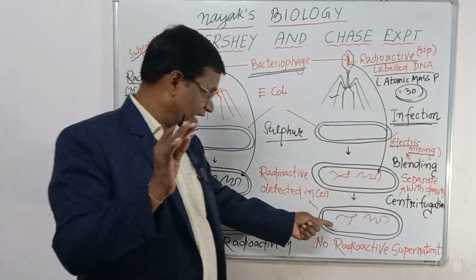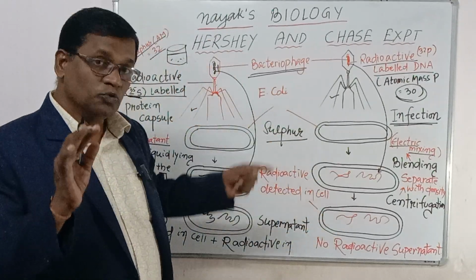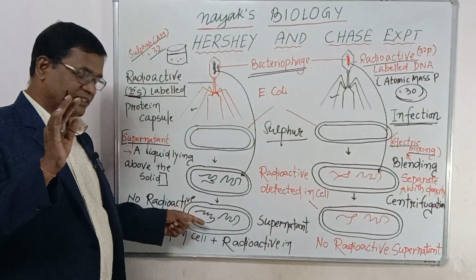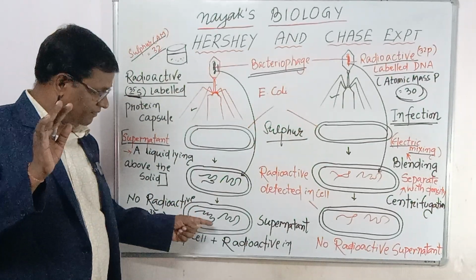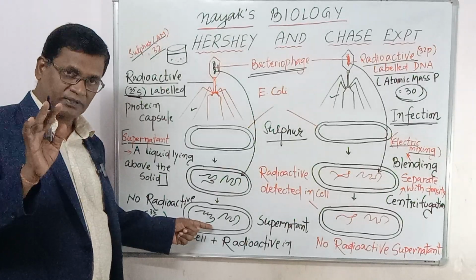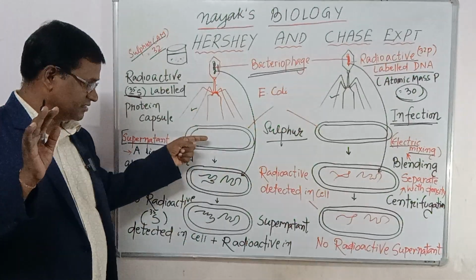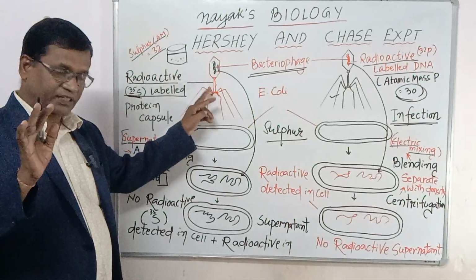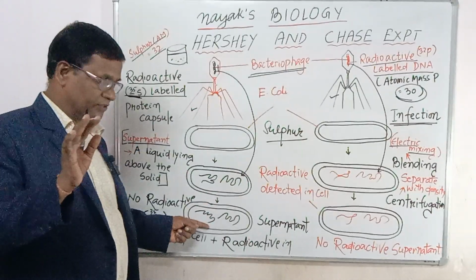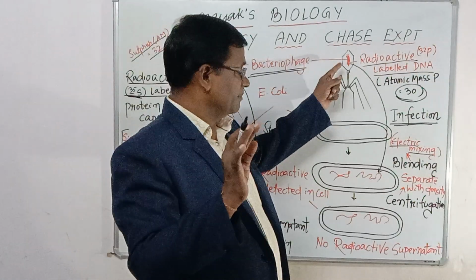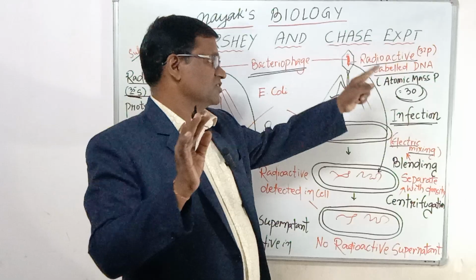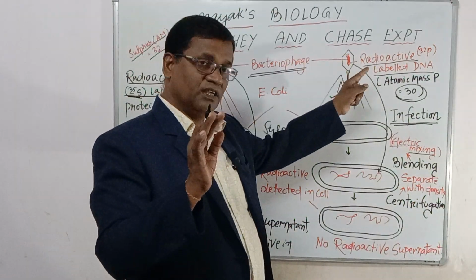That's why, after the centrifugation, we got two types of bacterial cell. One is treated with radioactive sulfur, and it is not radioactive, because the DNA is not radioactive. The other is treated with phosphorus, and the DNA becomes radioactive, because DNA is made up of phosphorus.